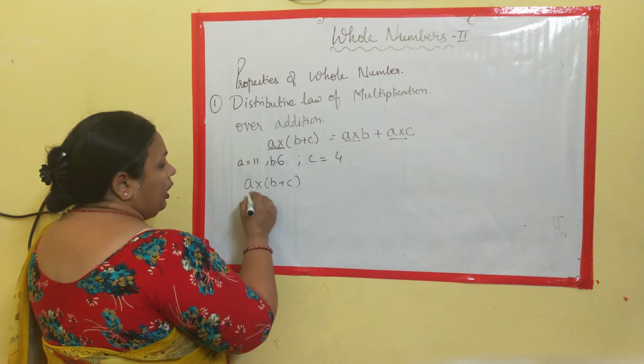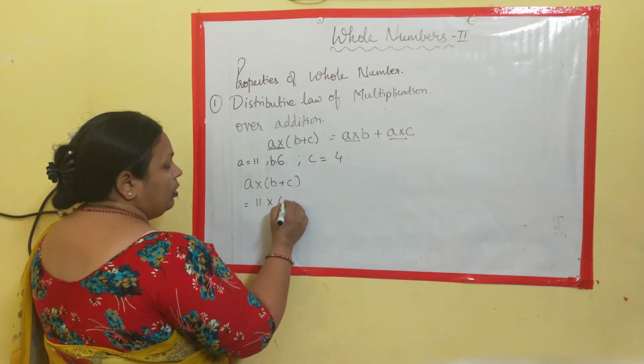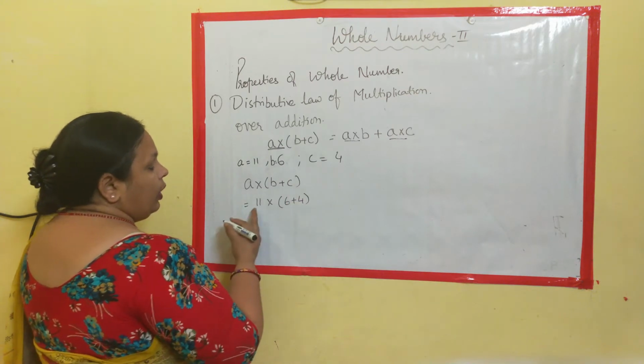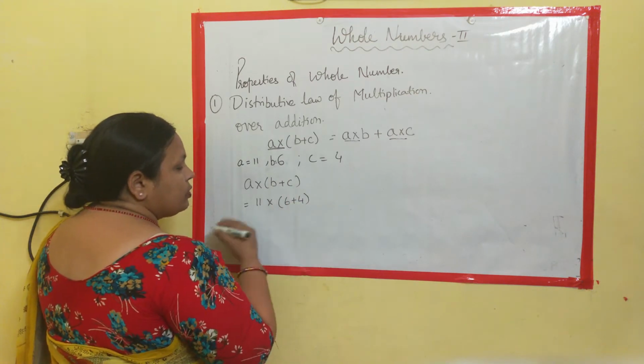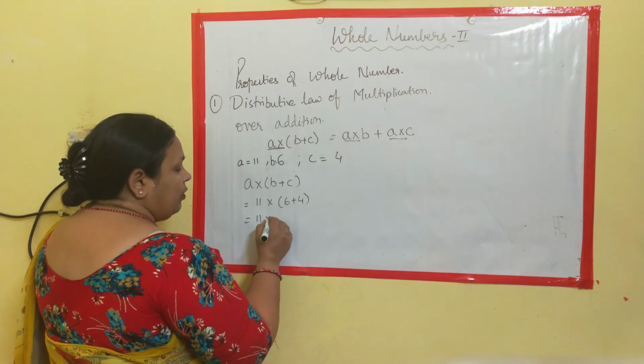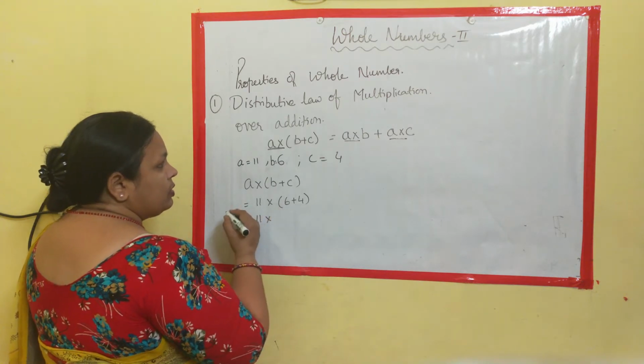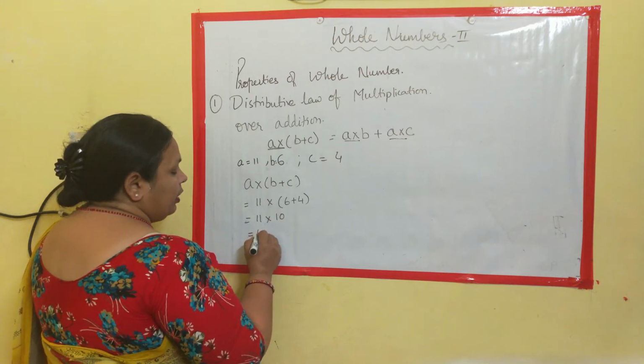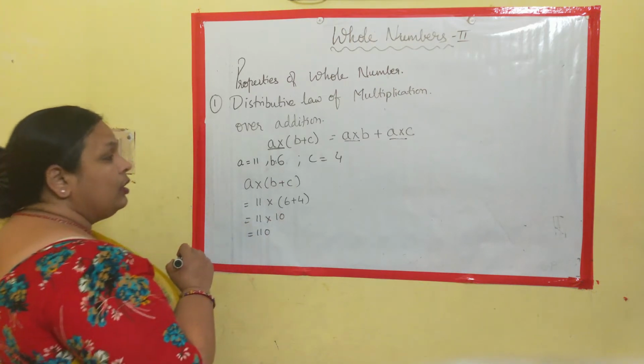We get A is 11 into 6 plus 4, which is 11 into 10. We will be getting 110 as the answer.